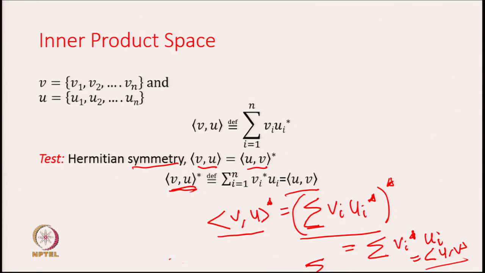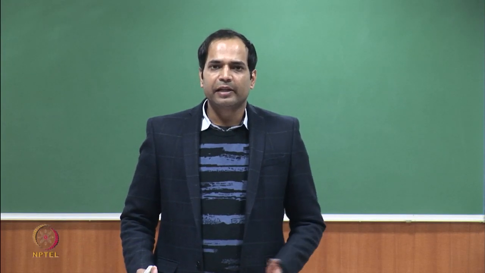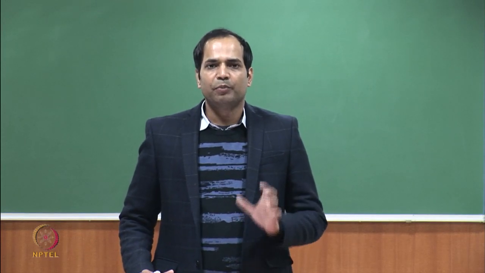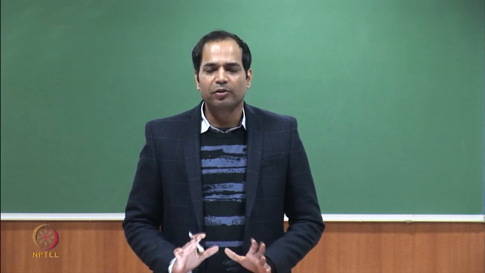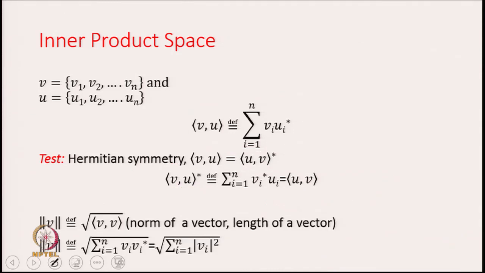So, this definition looks right to us. Of course, we have to test whether the other properties are satisfied, and I leave that to you. Think about proving that the other two properties are also satisfied if this definition is taken to define the inner product between the two vectors. Please work it out yourself.